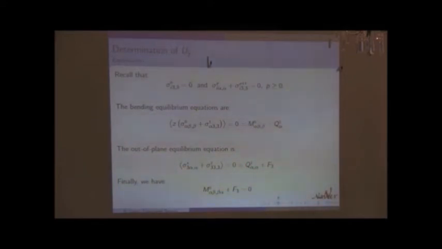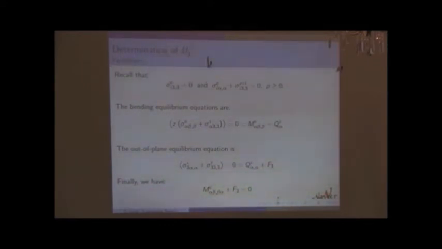Of course we know sigma naught, so this will be determined, but we don't know sigma 1 because it's the next order. So we substitute Q alpha and we get the famous equilibrium equation for Kirchhoff-Love plates. This is the second divergence of the bending moment plus the out-of-plane force. This is the Kirchhoff-Love equilibrium equation.